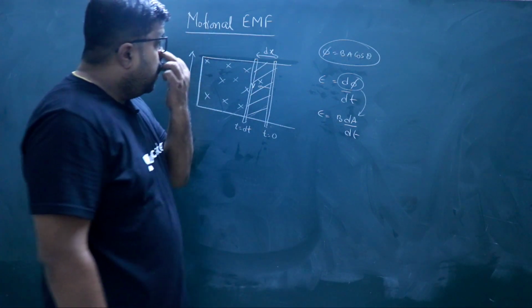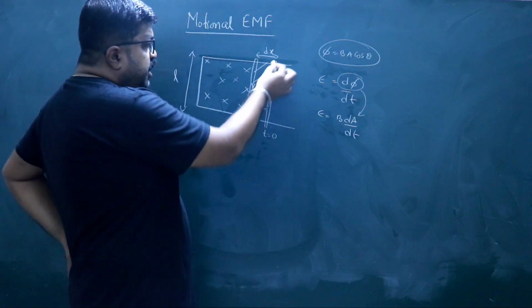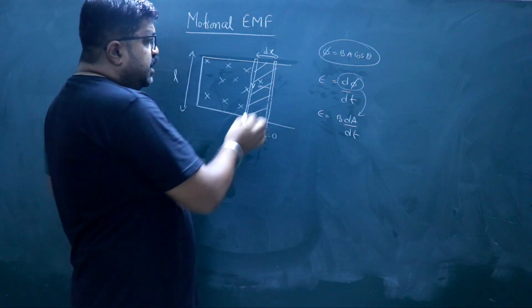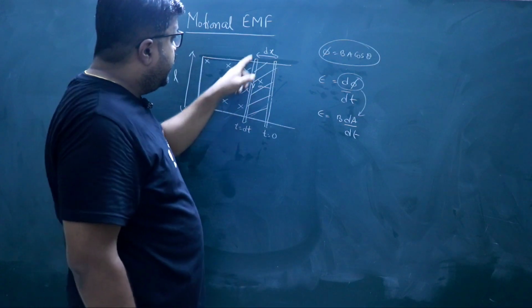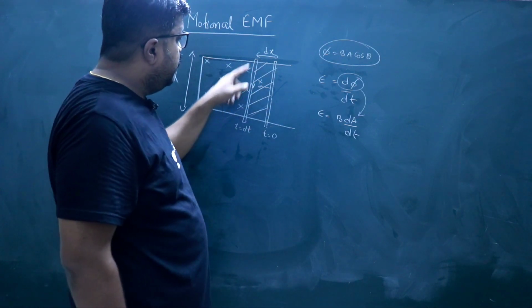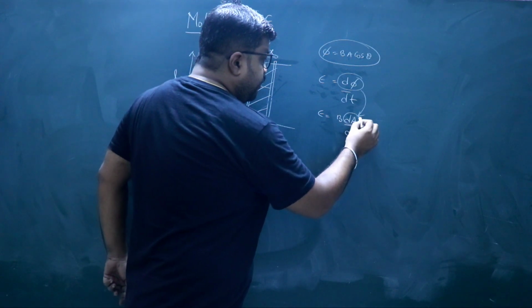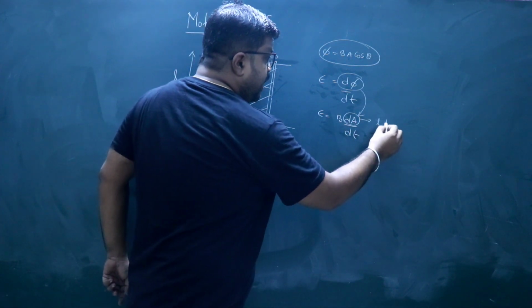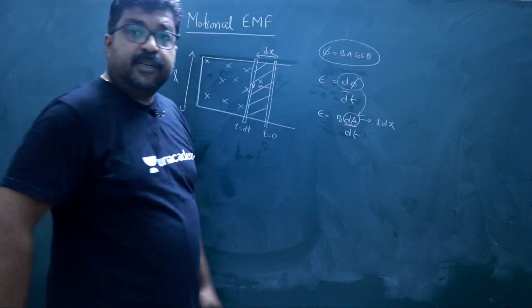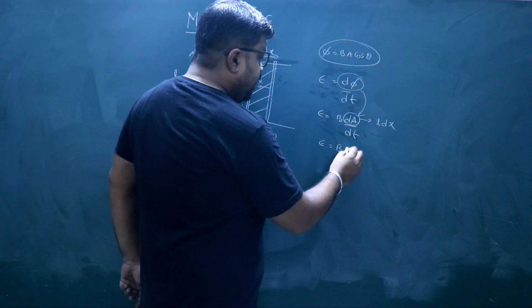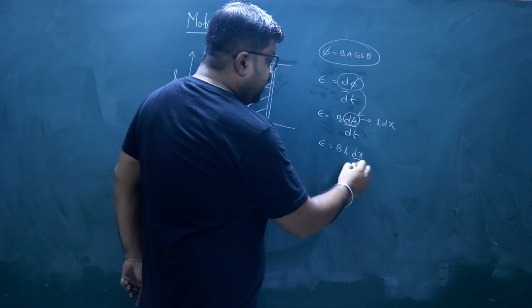Now what is dA? dA is the change in area, that is this part. The length of the rod is L and this is dx, so this area will be L into dx. So dA can be replaced by L dx, and EMF is equal to B L dx by dt.